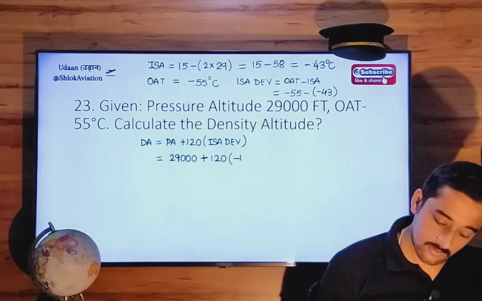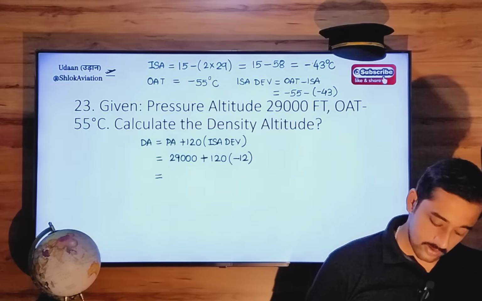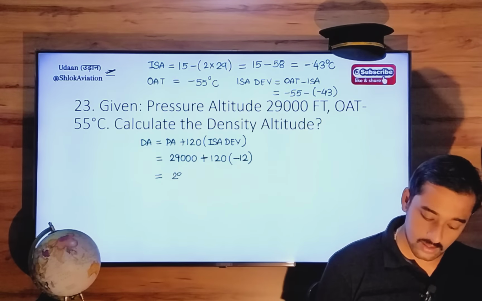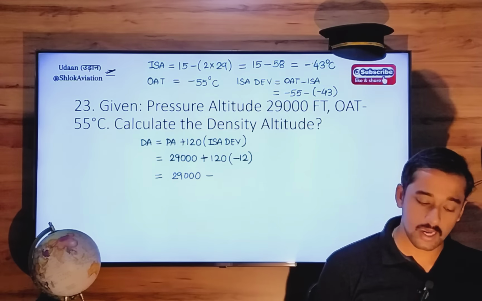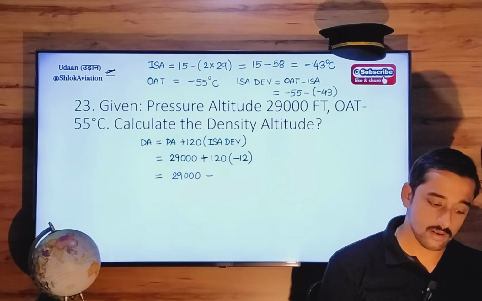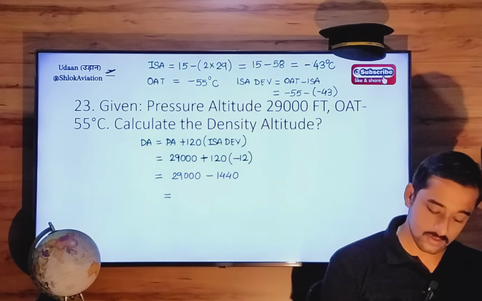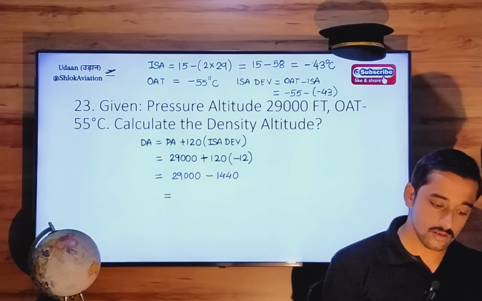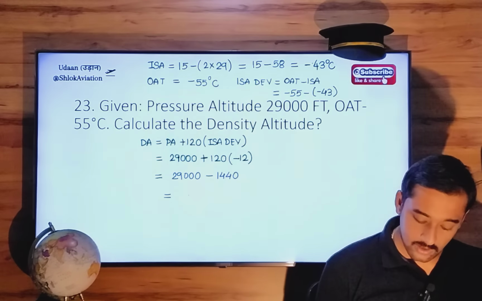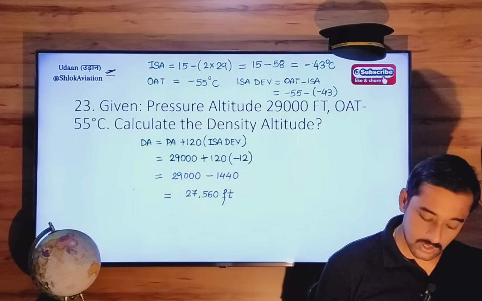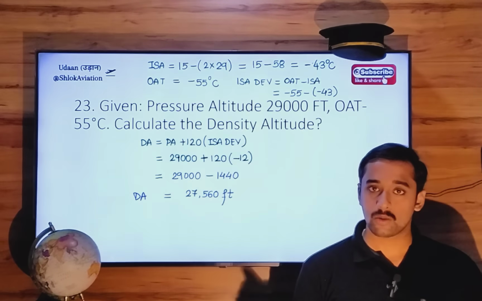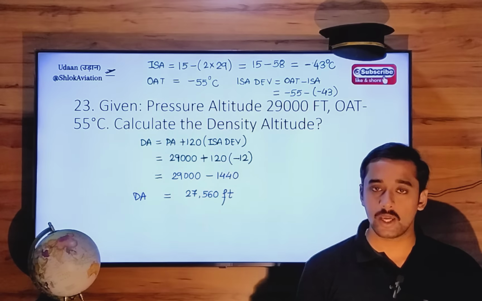So ISA deviation will be minus 12. So 29,000 minus 120 into 12, 1440, that is equal to 27,560 feet. This will be your density altitude. 27,560. Any option which is close to this number.